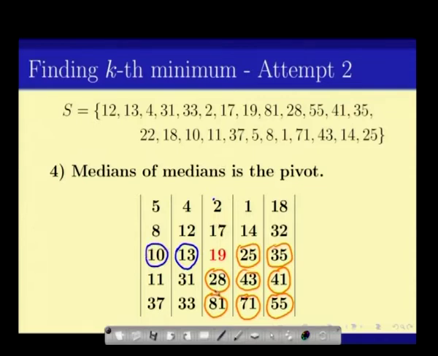And since each of the columns are sorted, 17 is less than 19, and similarly 2 is less than 19, and 12 is less than 13 is less than 19, and 4 is less than 13 is less than 19, and so is 8 and 5. So, the top left hand corner is less than 19.